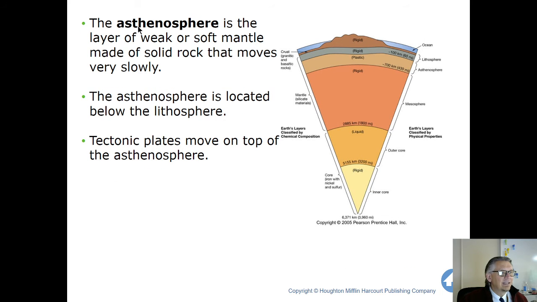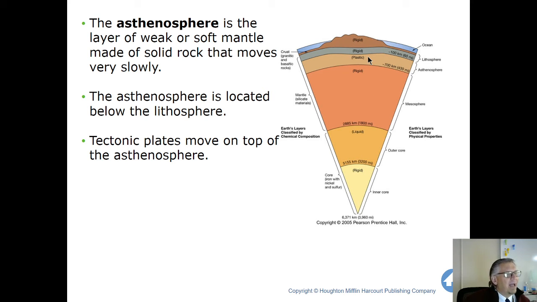Then we have the asthenosphere, and this is going to be the liquid mantle. This is where we are going to be having our convection taking place. And as we go down, it's going to be hotter also. This is the area in which the tectonic plates float about.